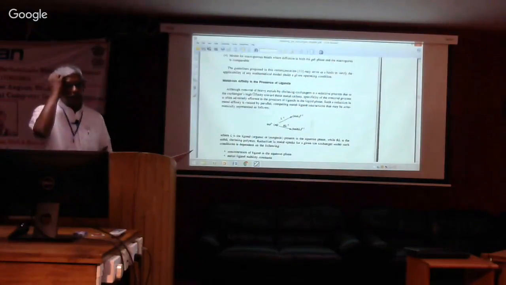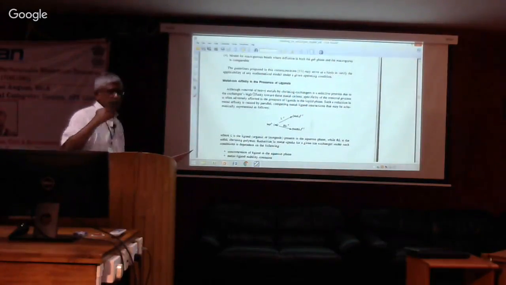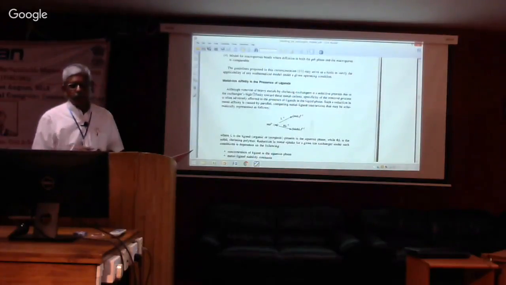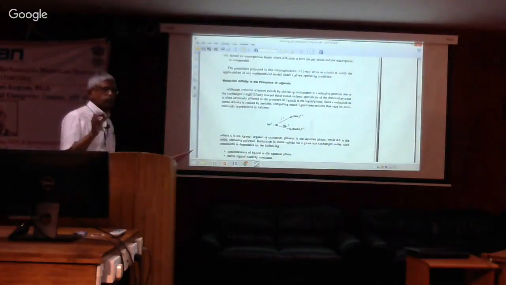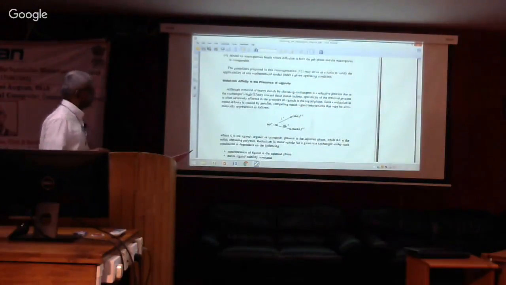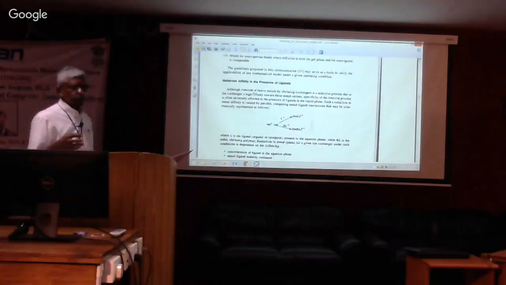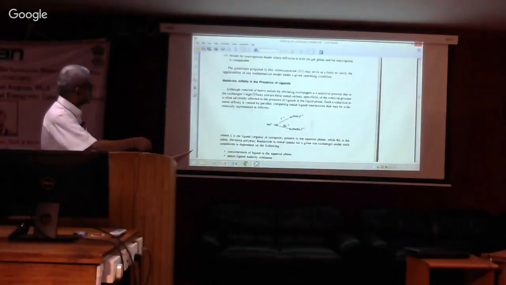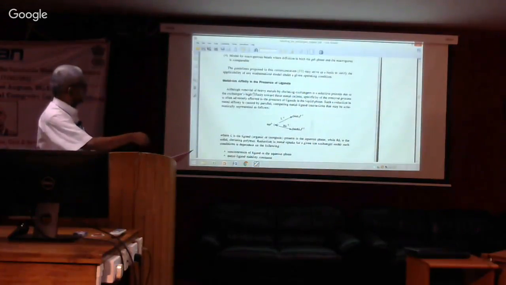So in the aqueous phase, let's say we are trying to remove one heavy metal, copper, but in solution there is not one ligand, there could be multiple ligands. So we have a situation where in the aqueous phase you have these ligands.